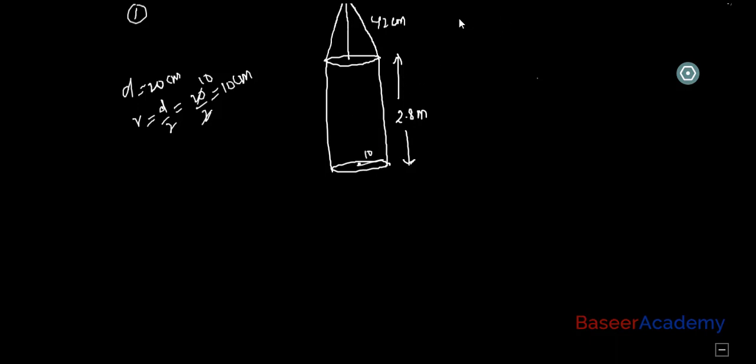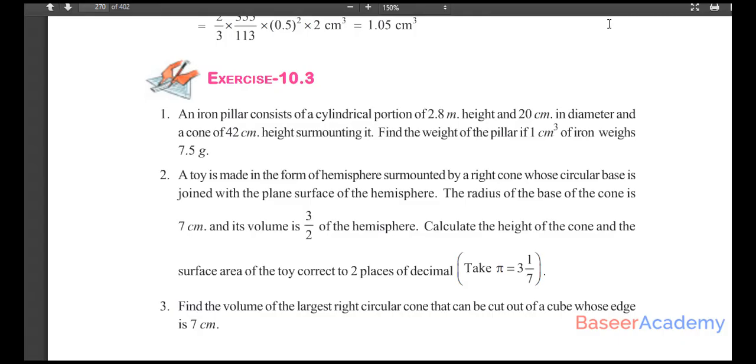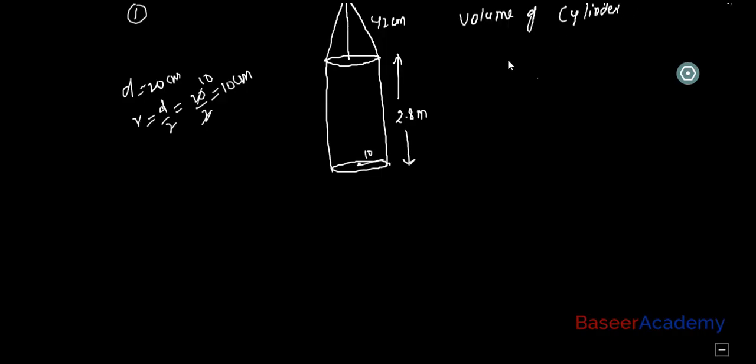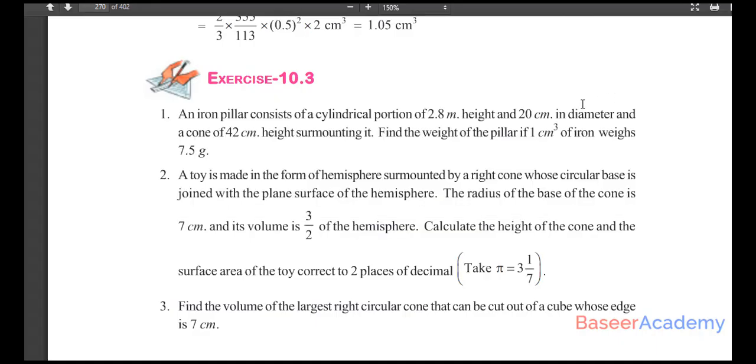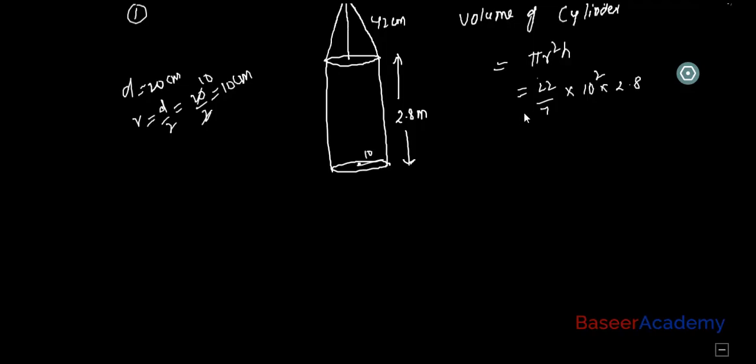Let us find out the volume of cylinder first. Volume of the cylindrical portion is pi r square h. Value of pi is 22 by 7. Value of r is given as 10 and the value of h is 2.8. Now the diameter is given in centimeters, but the height is given in meters.